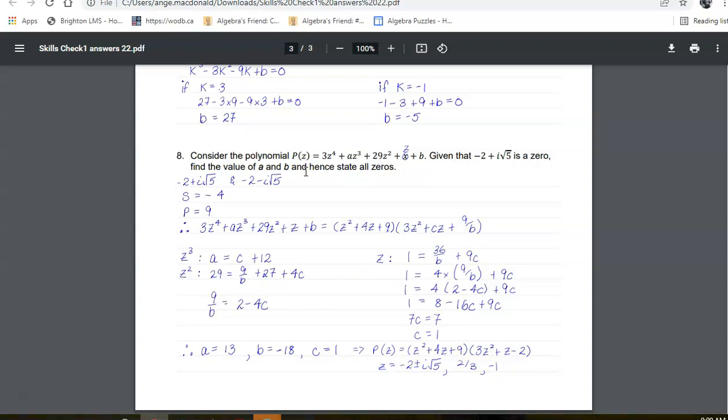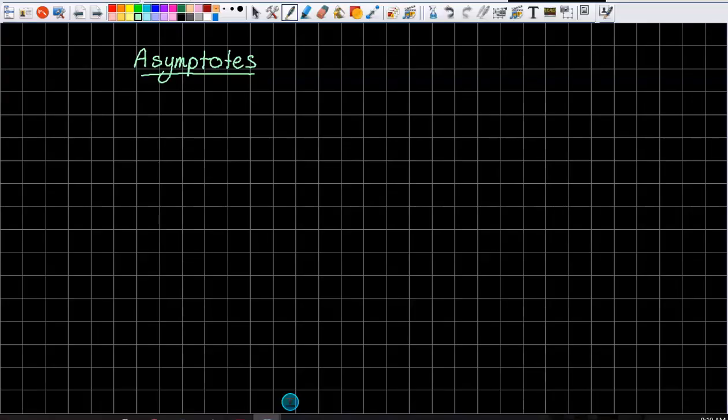Okay? All right. So when we've got fractions, if I've got f of x over g of x, when your denominator is equal to 0, that's when we're going to have vertical asymptotes. Now, will we always have vertical asymptotes? If it's linear, will we always have a vertical asymptote?